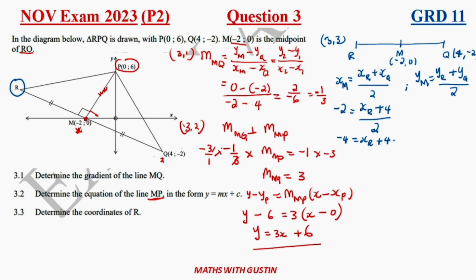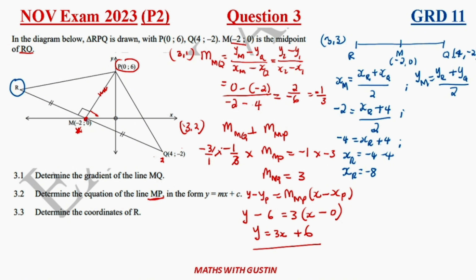Okay, so now you take 4 to this side, therefore x at R is going to give us negative 8. Okay, that's coordinate number 1.